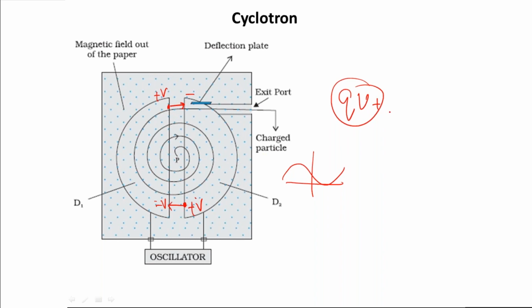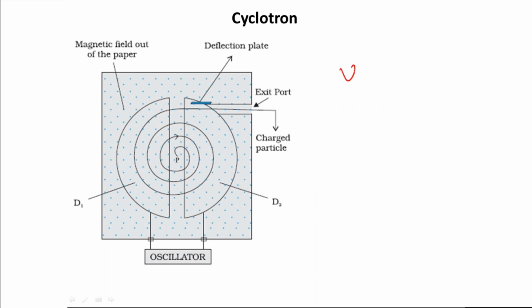The cyclotron frequency of the charged particle will be exactly equal to the frequency of the applied voltage, which is giving you an alternating applied voltage.